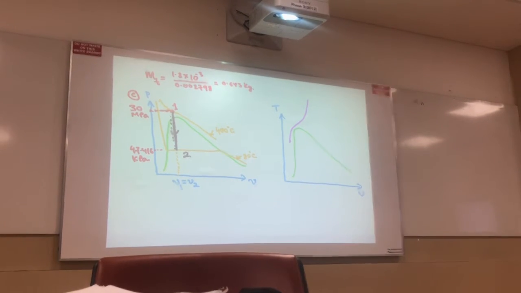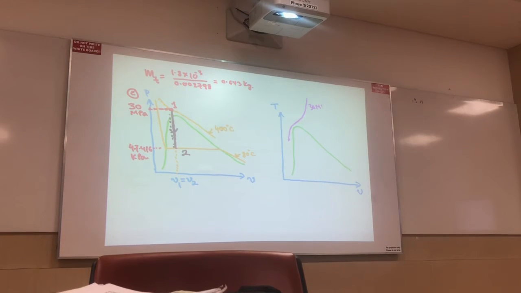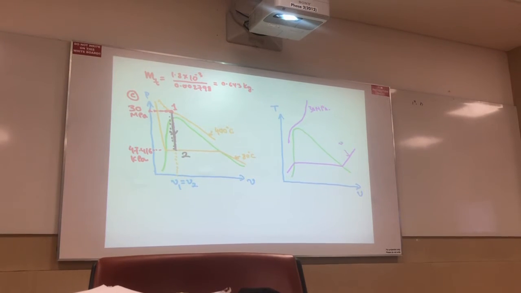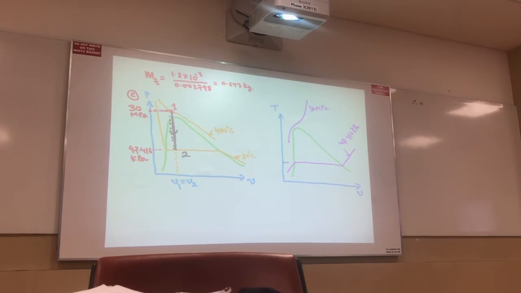So this pressure is 30 megapascal. And another pressure is here, which is 47.416 kilopascal, and this indicates temperature 80 degrees Celsius.